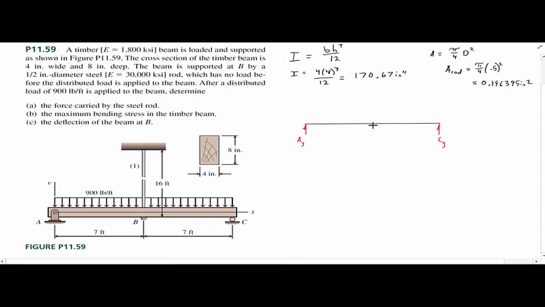That steel rod we can model is a point load going up, okay? And we'll just call this F sub 1. And then we have a distributive load that works all the way across at 900 pounds per foot, right?